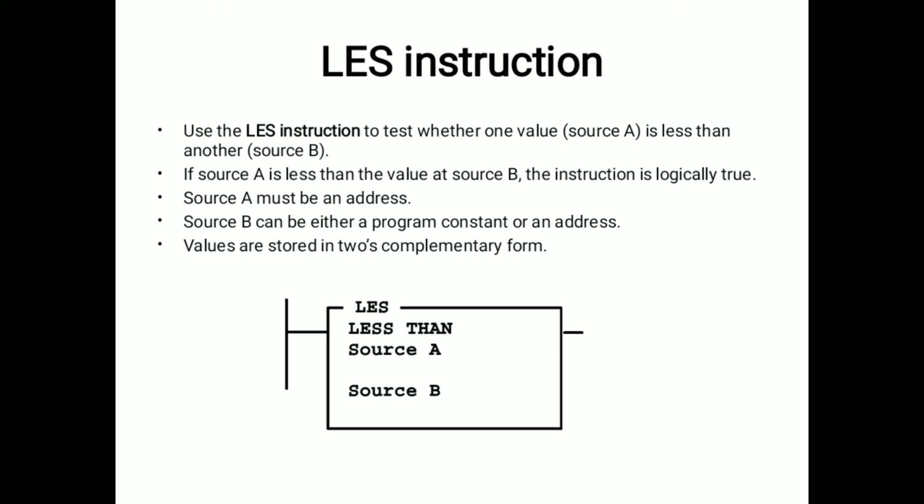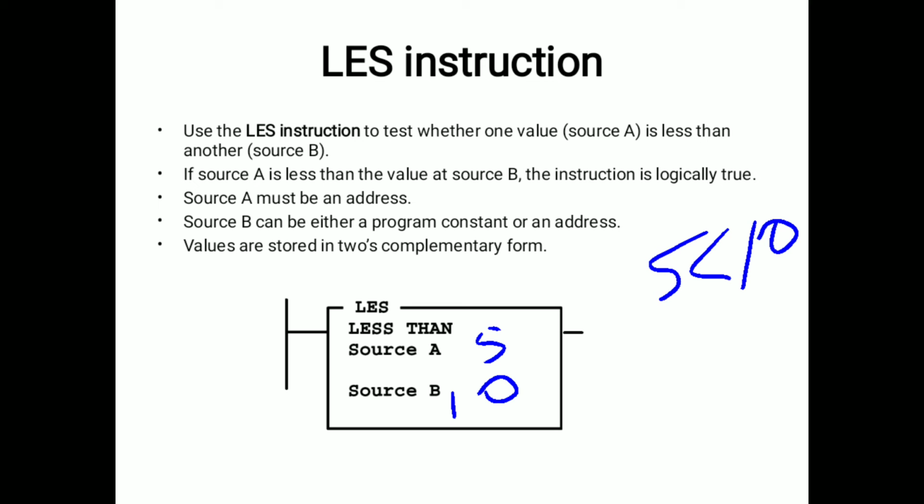Similarly, we have the LES instruction. It tests whether one value is less than another, meaning source A is less than source B. Suppose in source A we have 5 and in source B we have 10. Is 5 less than 10, right? So it is testing the condition.